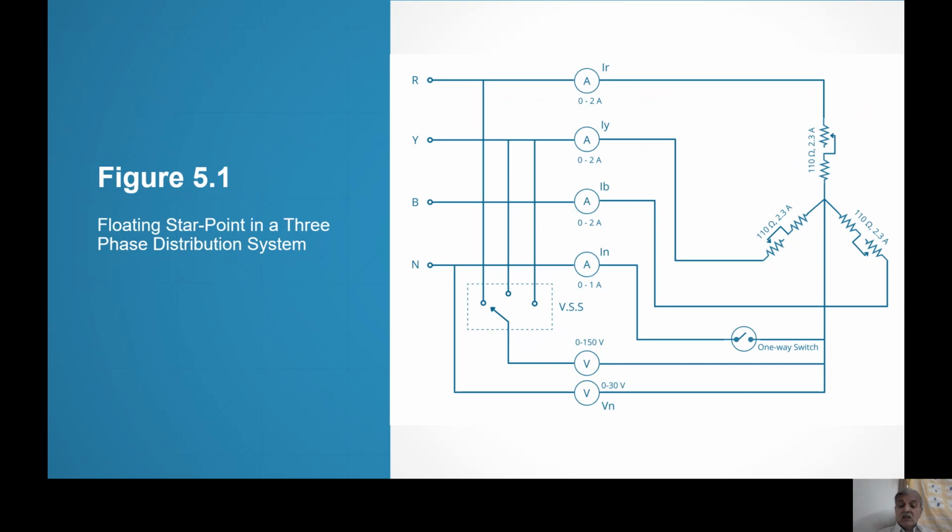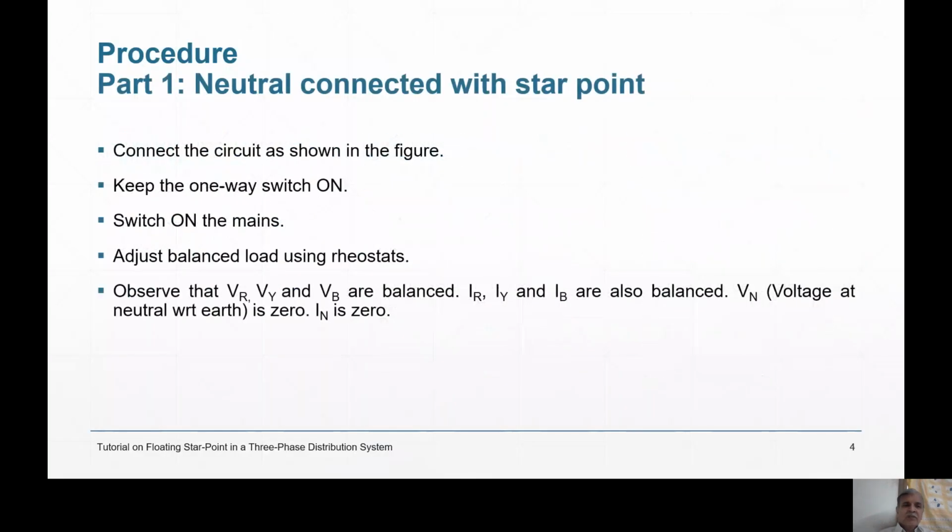So with that we will pass through all procedures. The first procedure is to keep the load switch on, to keep the fourth wire on. Switch on the mains, and adjust balanced currents by variable rheostats. Using variable rheostats, see to it that all currents are equal.